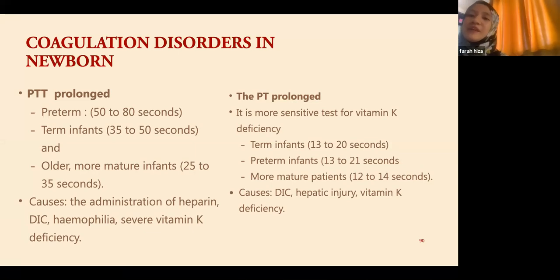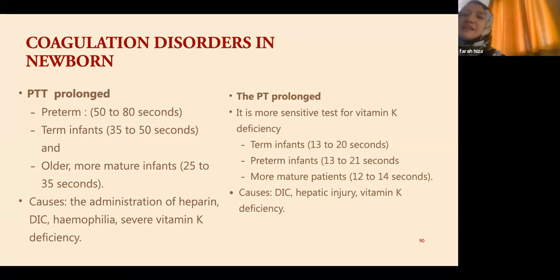For preterm, the normal APTT value is 50 to 80 seconds, so abnormal will be more than that. For term, normal is 35 to 50 seconds. For older mature infants, it is 25 to 35.